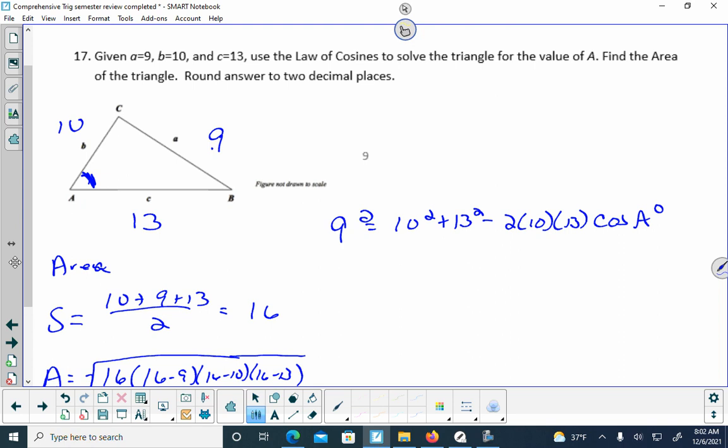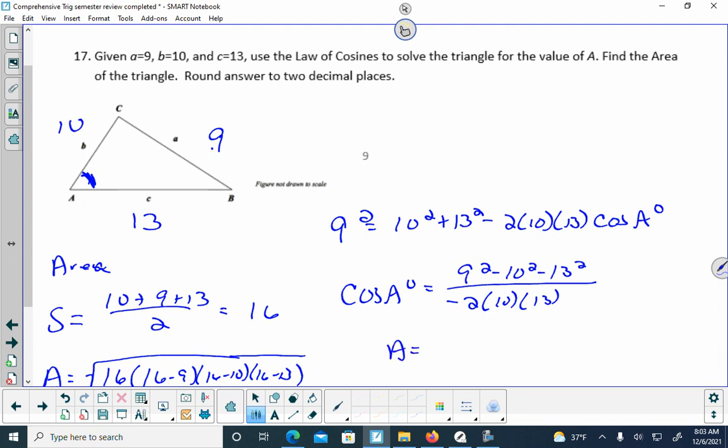If I solve it, I have the cosine of A degrees is equal to 9 squared minus 10 squared minus 13 squared all over negative 2 times 10 times 13. And I end up with A being 43.7 degrees. And this particular problem only asks you to find A.